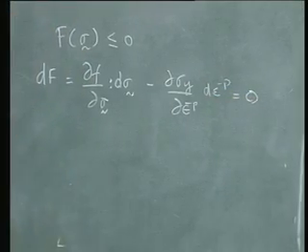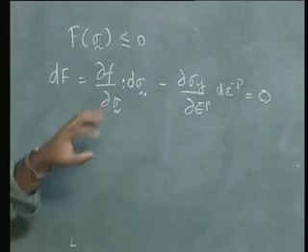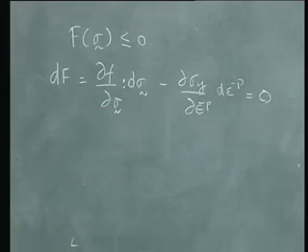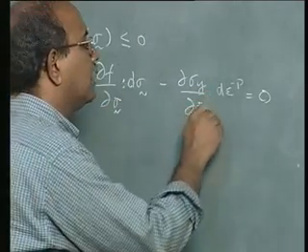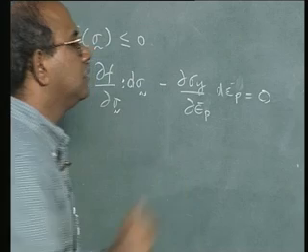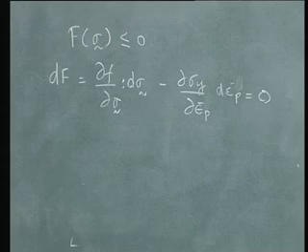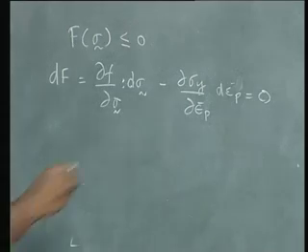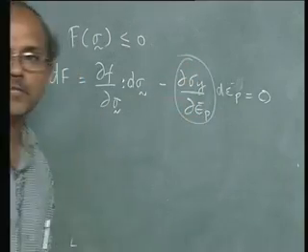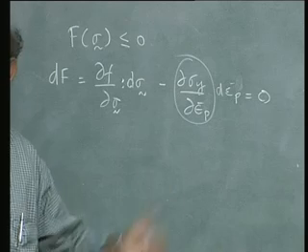Epsilon bar p is what is called the equivalent plastic strain, and we will define it in the next class. Now, this d sigma y by d epsilon bar p is actually the one which gives rise to my hardening.